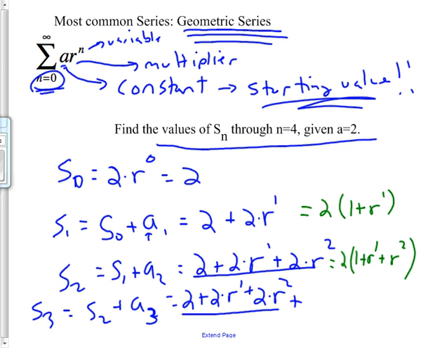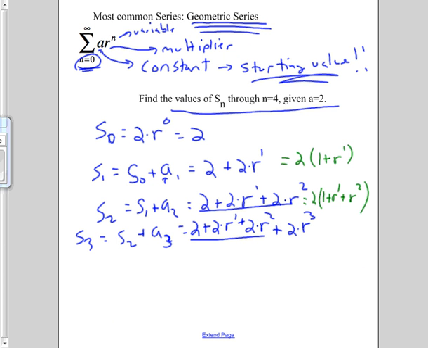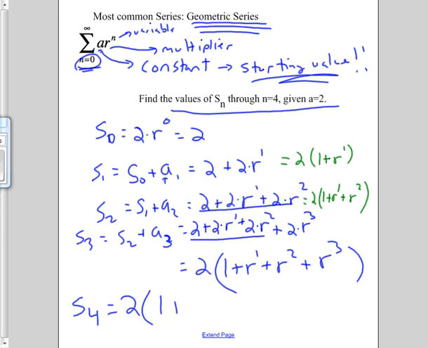Well, a sub 3 is 2 times r to the 3. And again, we could factor out the 2. 2 times (1 plus r to the 1 plus r to the 2 plus r to the 3). So I think you could see that s sub 4 clearly would be 2 times (1 plus r to the 1, r to the 2, r to the 3, plus r to the 4).